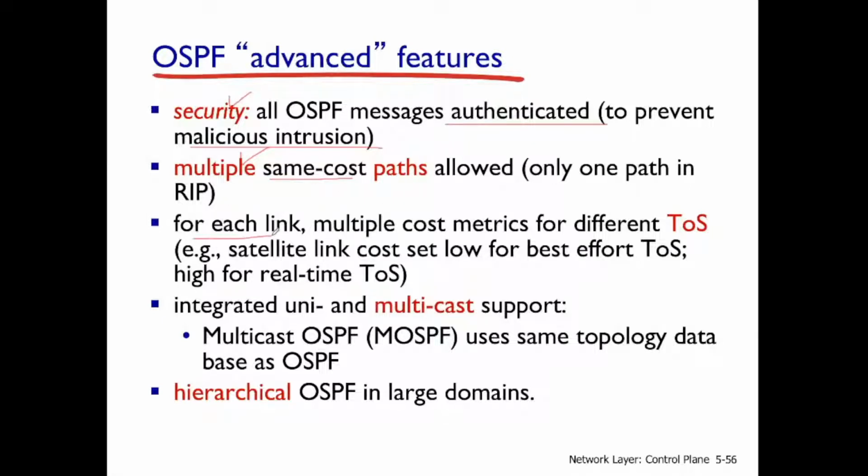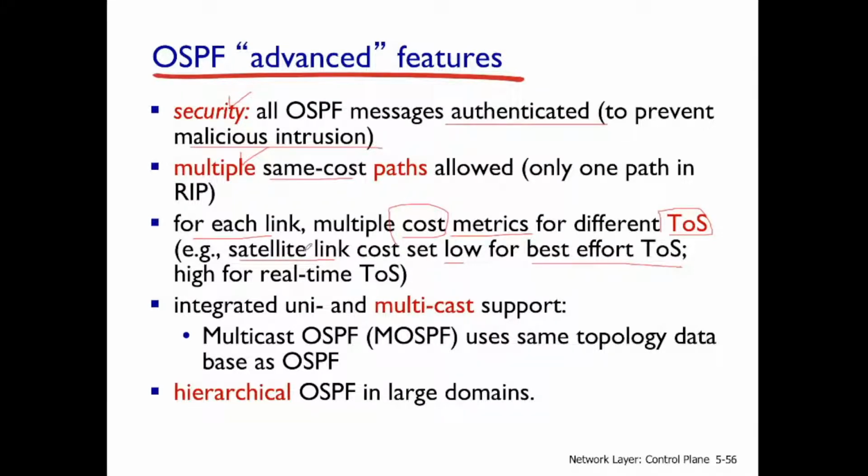For each link, the metric for the link cost can also be defined differently for different types of service. For example, if we are trying to serve best effort traffic, meaning traffic that does not require timely delivery, so the receiver can wait longer, then the cost of a satellite link, whose delay is longer, can be set lower, right?